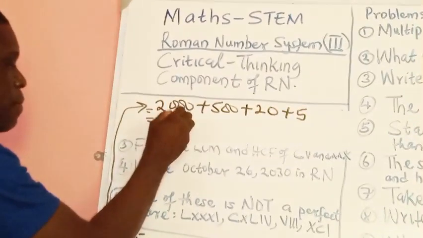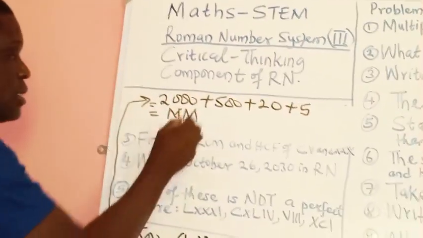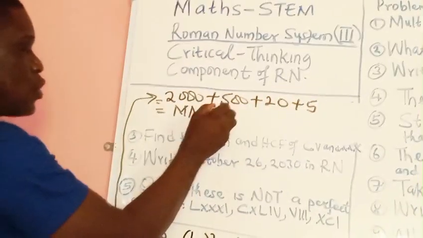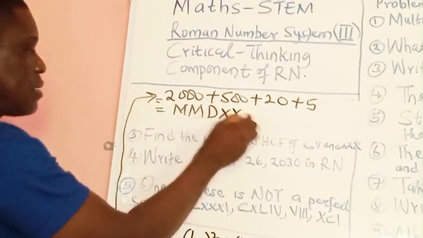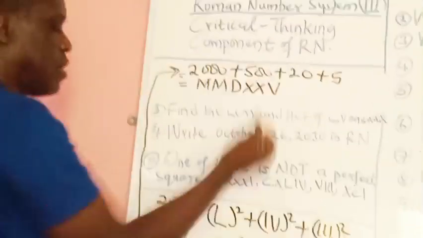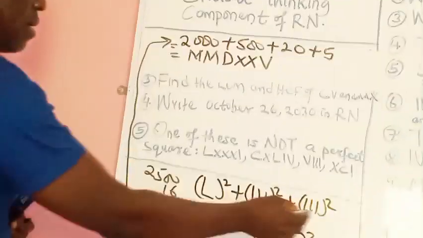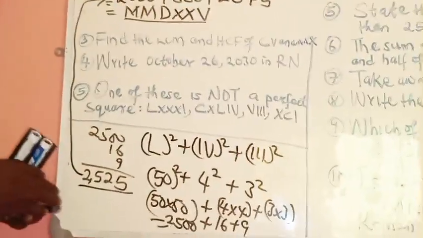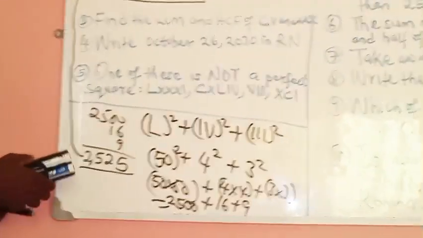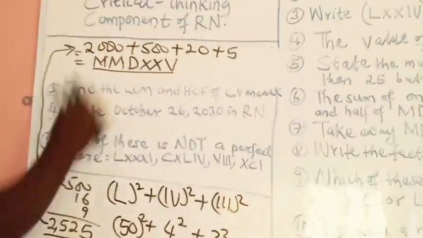So this gives us 2,000 is what? M. 500 is what? D. 20 is what? X. 5 is what? V. So this thing you have to evaluate results into this. Take note of that. Okay. Now, can you see that? Okay. Now we can clean this now.